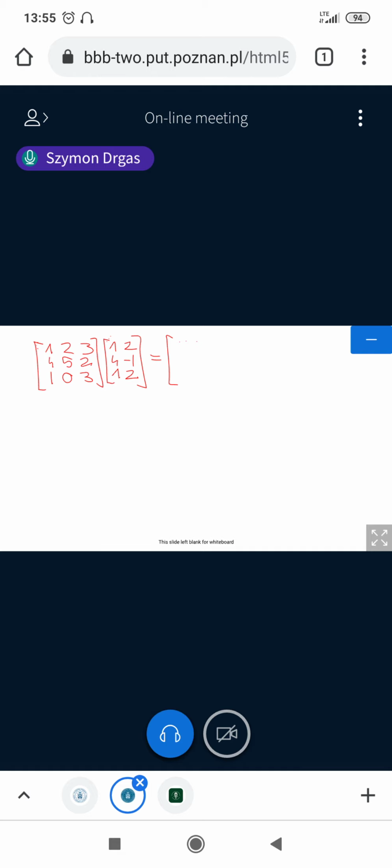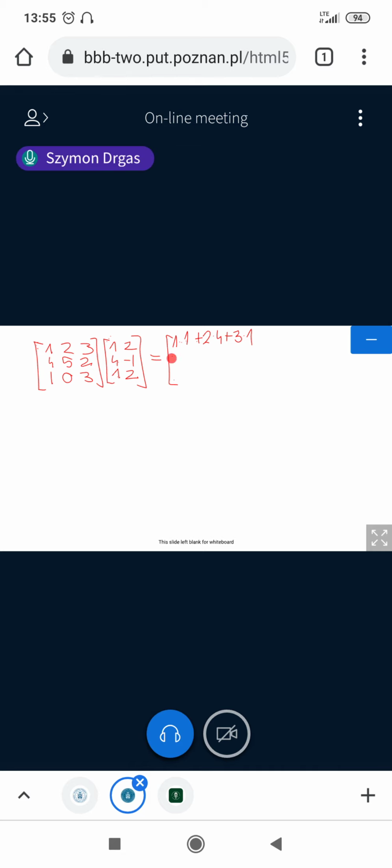So I will write all these computations that are needed to find this first entry. So it will be 1 times 1, then 2 times 4, plus 3 multiplied by 1.